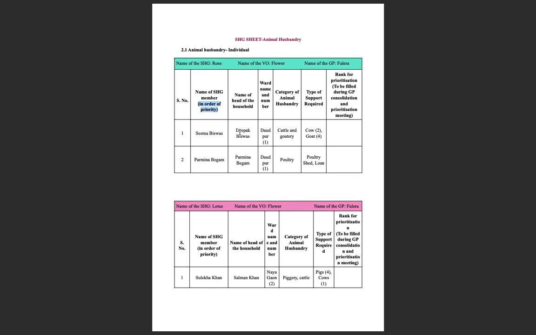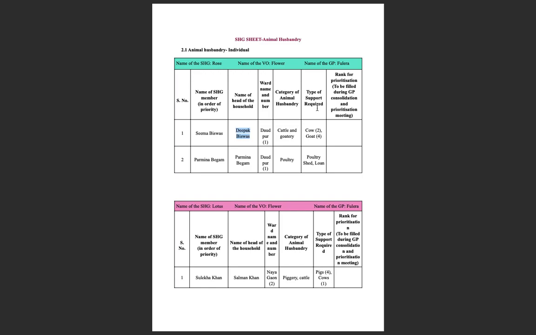Name of head of the household, that is Seema Biswas's head of the household member's name has to be written, which is Deepak Biswas. Ward name and number, Daudpara. Category of animal husbandry, that is what kind of animal that they want to do animal husbandry with. So here they have written cattle and goatery.